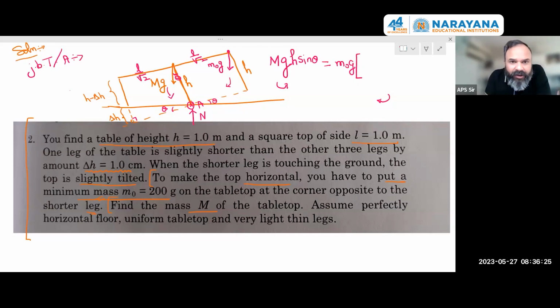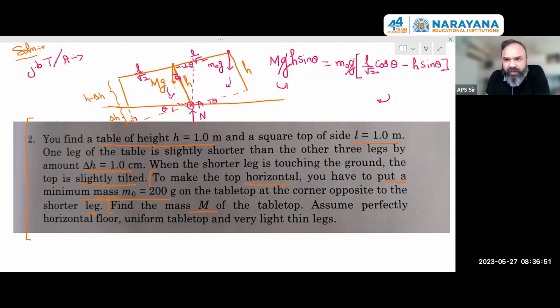I'm directly saying this angle here is again theta. So it is L by root 2 cos theta minus this distance, which is h sine theta. Just check that. Minus h sine theta. So practically we understand this distance is h sine theta, this is also h sine theta, and the total was L by root 2 cos theta.